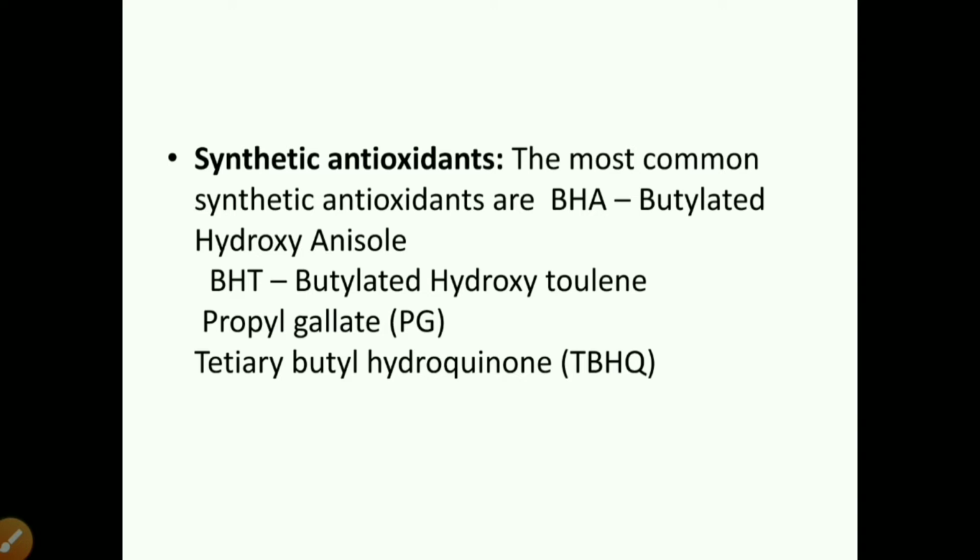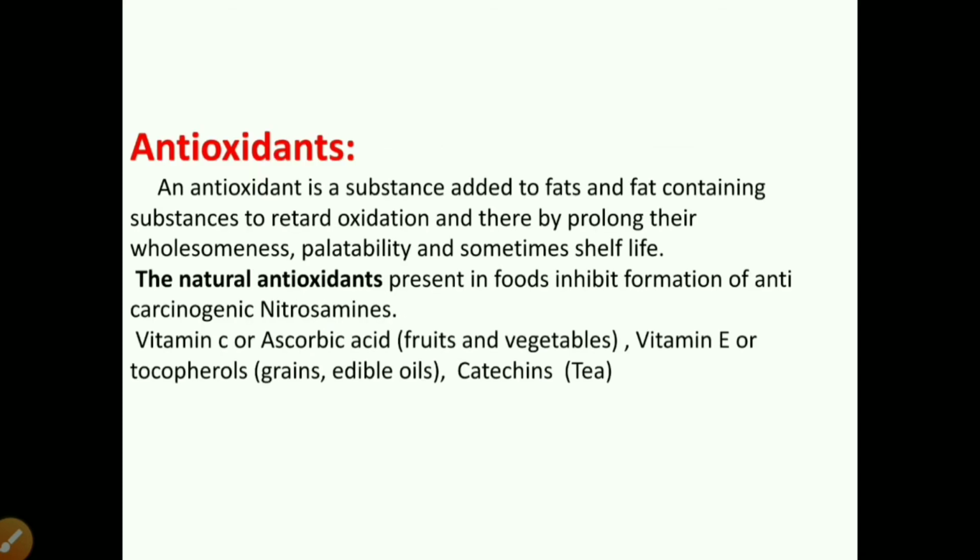These are important. BHA stands for butylated hydroxyanisole, BHT is butylated hydroxytoluene, and propyl gallate and tertiary butyl hydroquinone. And also the tocopherol is a biological antioxidant. It is present in the plants and animal tissues.